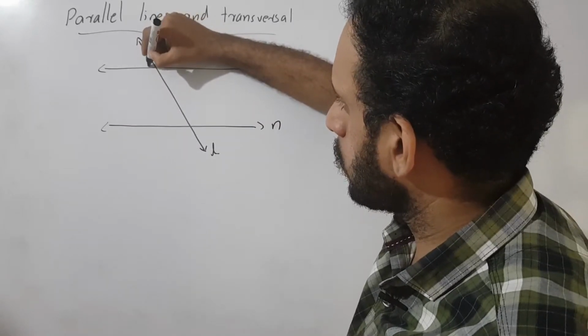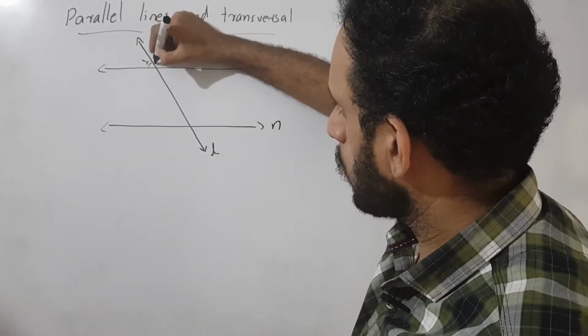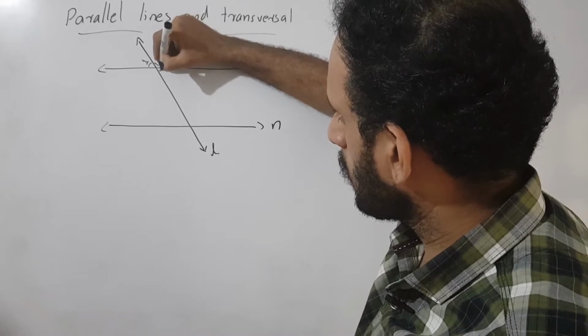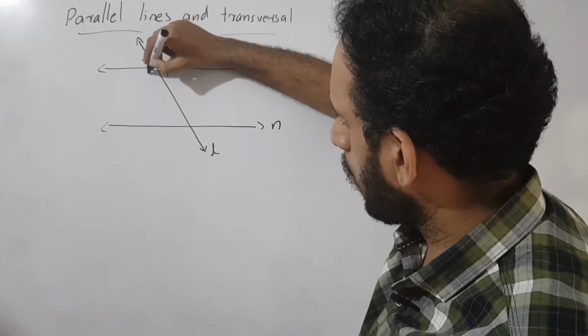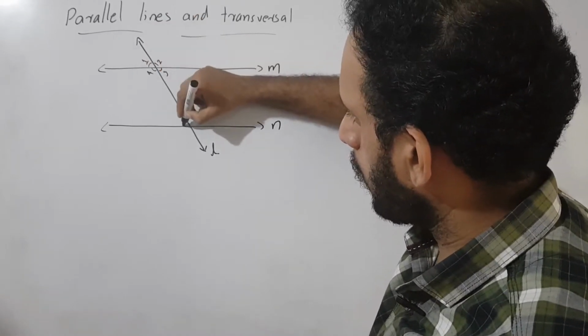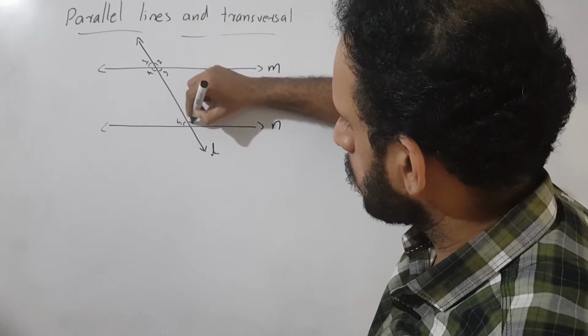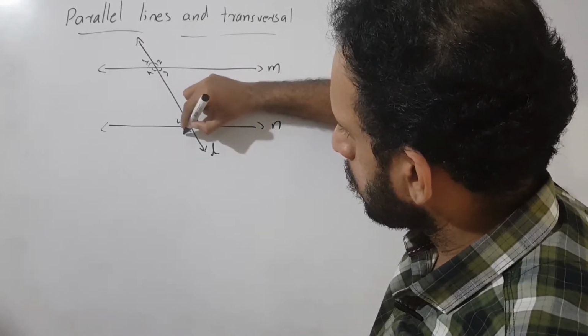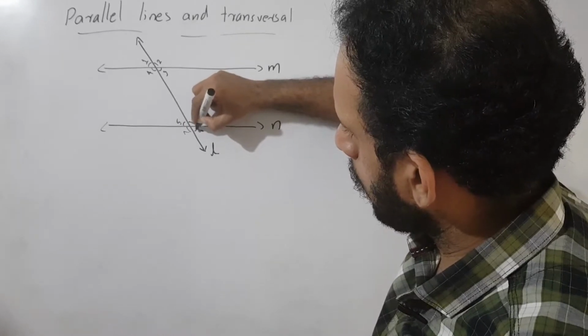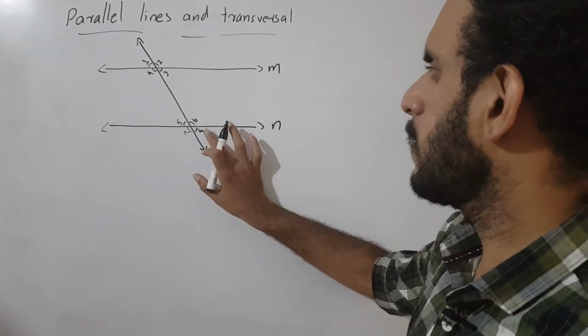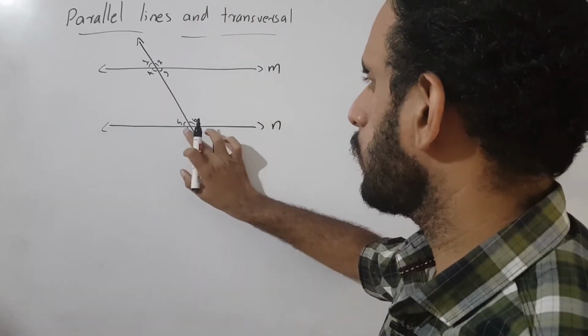The first one, this one, angle 1, angle 2, angle 3, angle 4, and angle 5, 6, 7 and 8. Okay, there we get 8 angles.